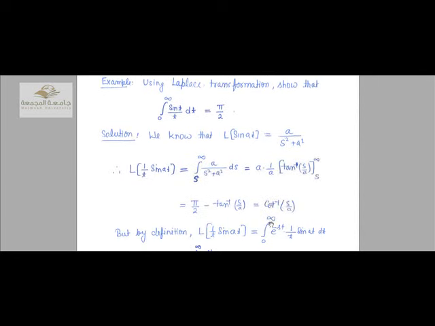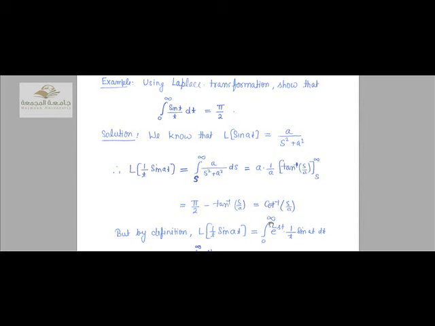The next one, using Laplace transformation, show that the integral from 0 to infinity of sine t over t dt is equal to pi by 2. Solution, we know that L of sine at is equal to a over s square plus a square, and therefore L of 1 by t sine at is equal to the integral from s to infinity of a over s square plus a square ds.